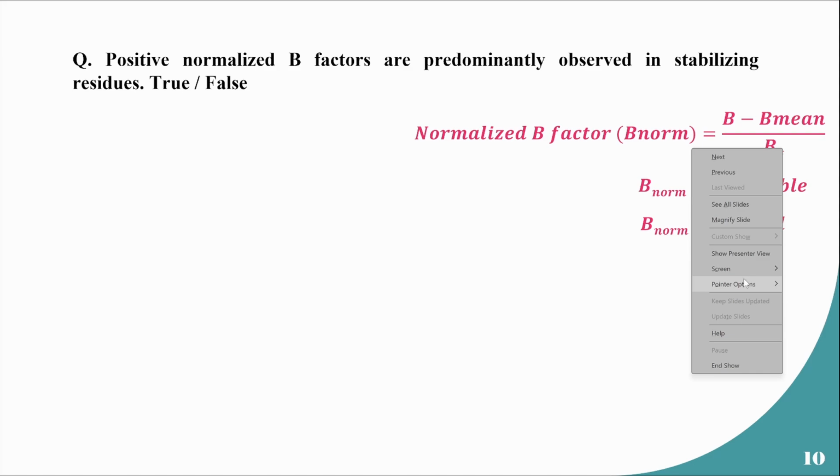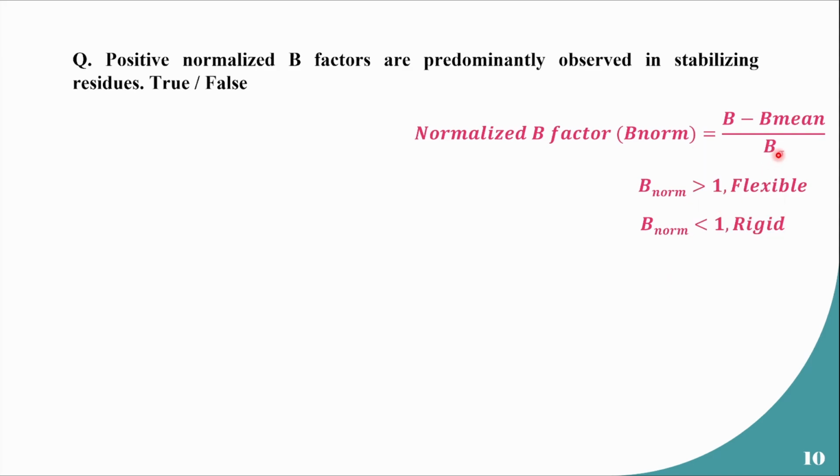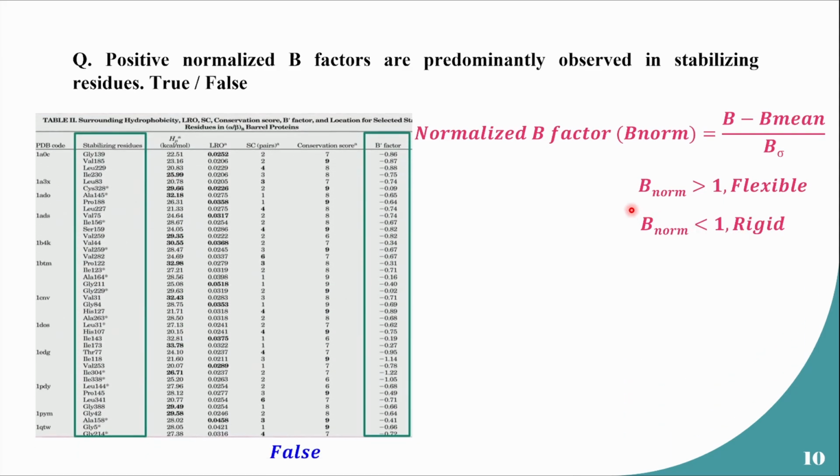The mean value is of course the average value, and sigma in this case is the standard deviation, right? If B normalized is greater than 1, then we can call it flexible. And if the B normalized value is less than 1, then we can consider it as rigid, right? So in this particular case, the answer would have been false.